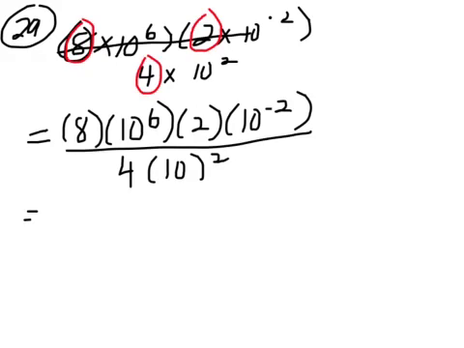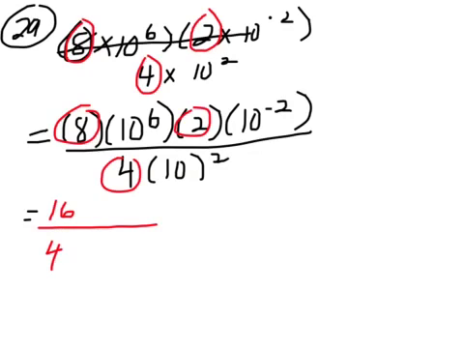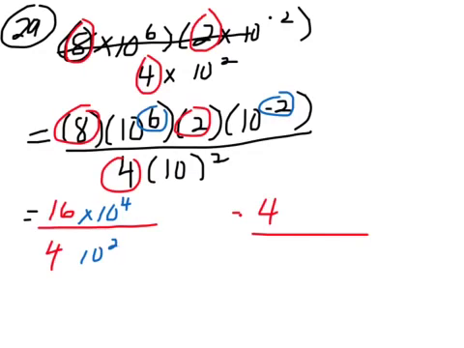On the top, you could say 8 times 2 is 16 over this 4. Well, that's going to simplify to 4, isn't it, on top? Okay. Now, all the other stuff is powers of 10. If I look at the top, and I'll circle in blue, it's 10 to the 6 plus negative 2, which would be 4. But then I've got 4, and then on the bottom I've got 10 squared.